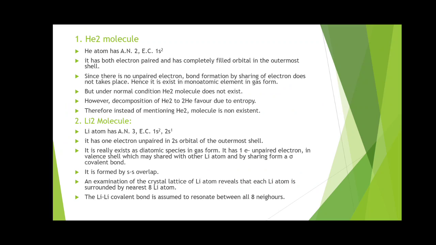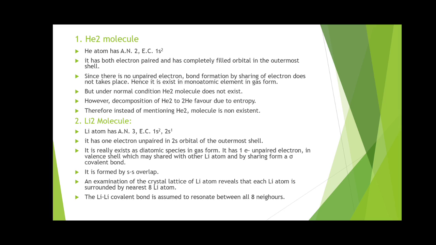Before understanding why helium does not exist in molecular form, let us study the helium atom. It has atomic number 2. In the periodic table, helium is the second element or second member.